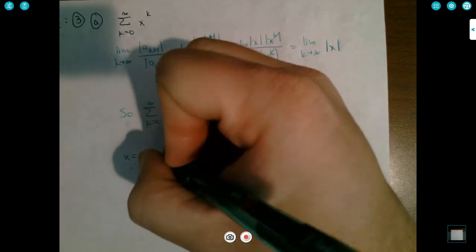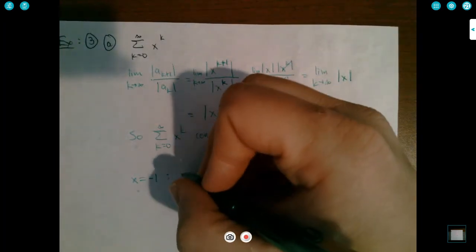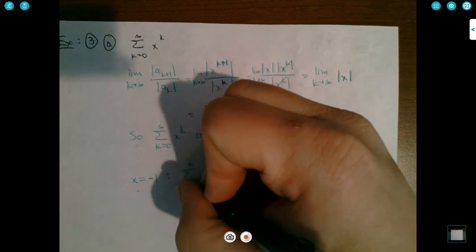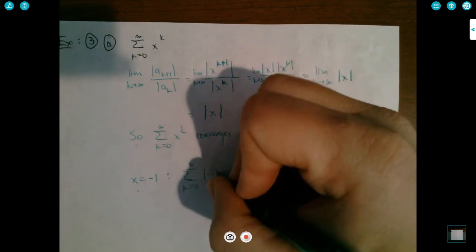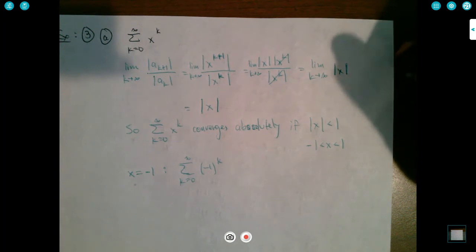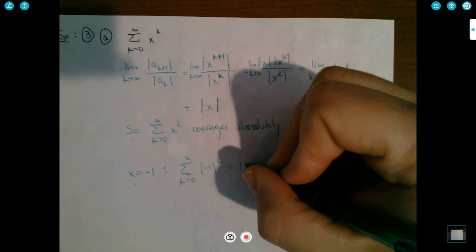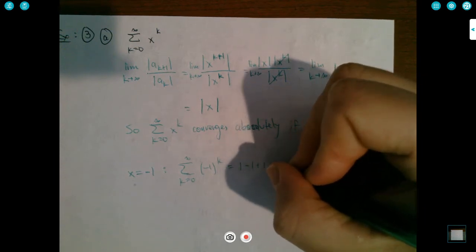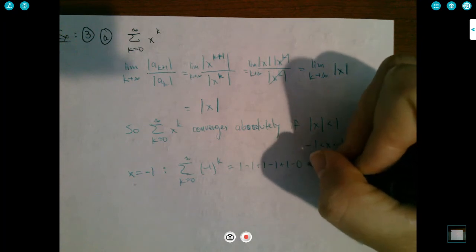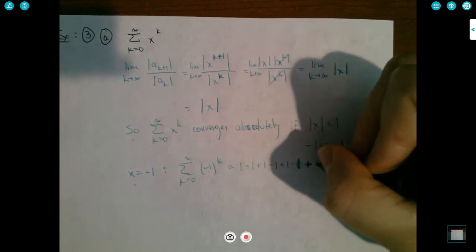At x equals -1, what series do we get? Well, if we plug in -1 for x, we get the sum from k equals 0 to infinity of -1 to the k, which diverges. This is just the sum 1 minus 1 plus 1 minus 1 plus 1 minus 1 and so forth.